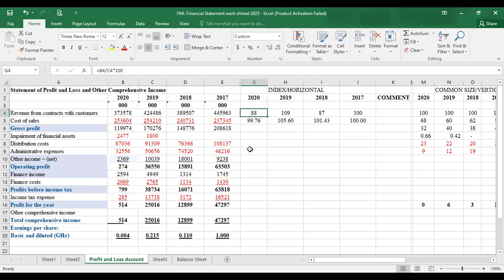Even with just the index analysis, most people prefer not to do it, because if you see that revenue is decreasing over the years, someone will ask you, so what? And most people would prefer to use the ratios which you have learned to do the analysis than these two. So mainly horizontal analysis and common size or vertical analysis are not really used that often when they want to make an analysis.